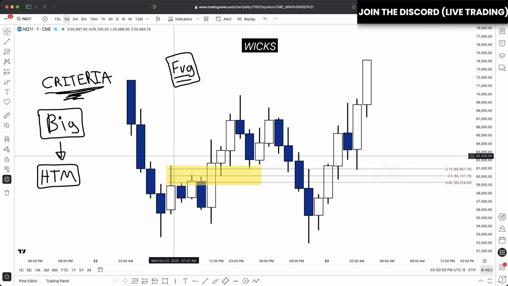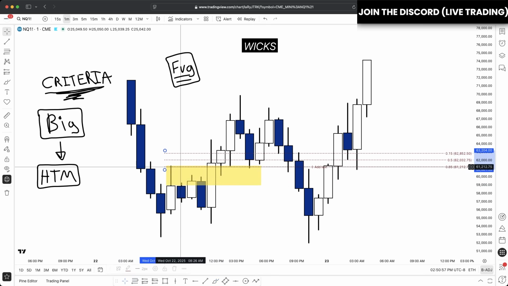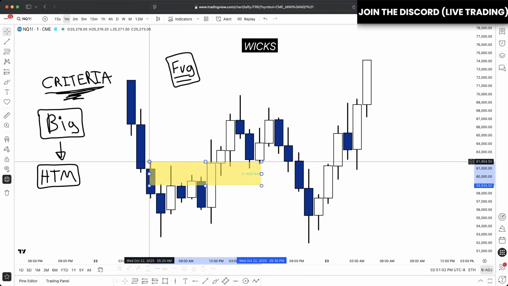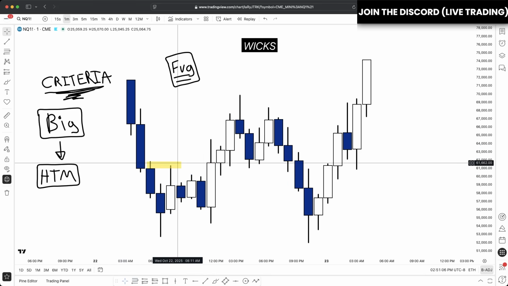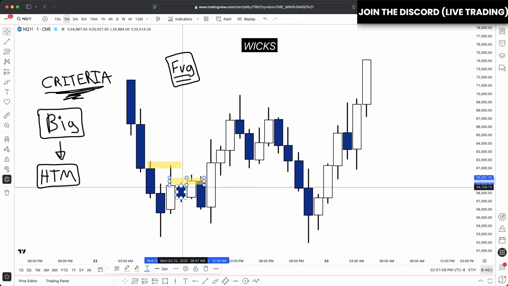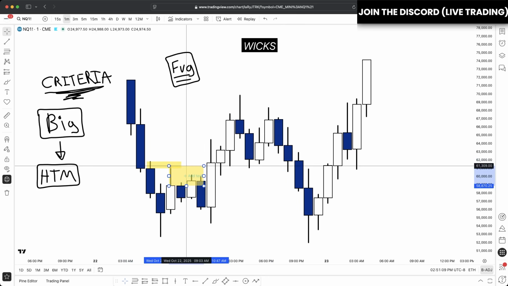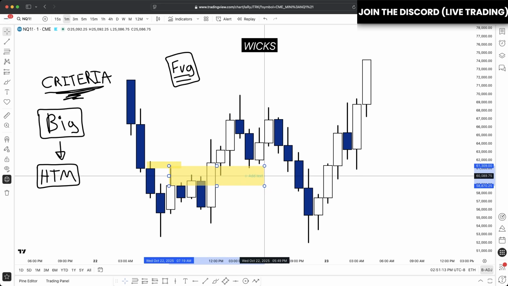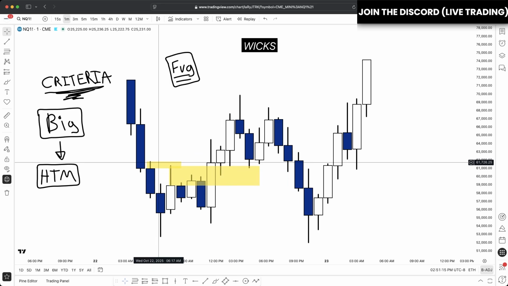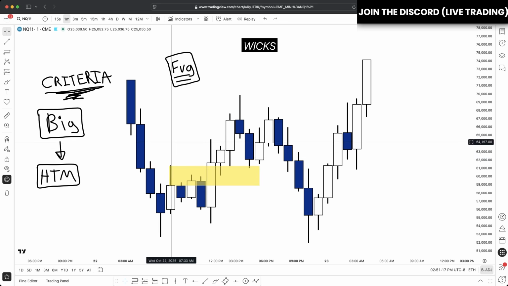So we have 1, 2, and 3 levels inside of it. Whereas we wouldn't use this wick here because this only held the move one time versus this one right here, which held the move 1, 2, 3 times before it broke out. So this lower one would be the correct wick in terms of turning inversion.